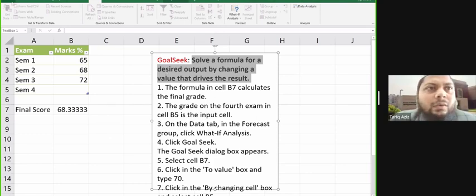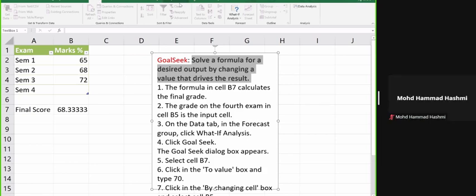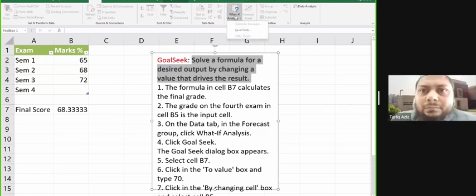Let us see how it can be done. First, you have to come on the data tab. Under the data tab, you have to come on what if analysis. Under the what if analysis, the option goal seek is coming. We have to click on this option.